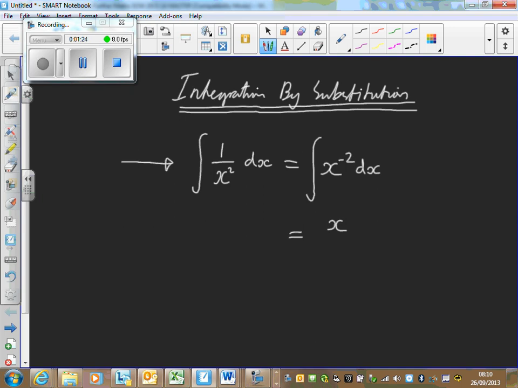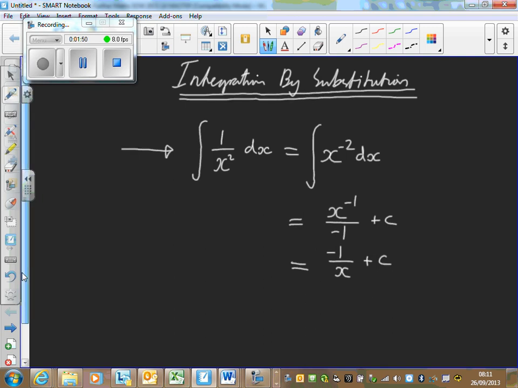So we're adding 1 to minus 2, so we get minus 1. And we divide by the new power, which is minus 1, and we can write plus c. We can write this in a slightly easier way. We don't need that minus 1 at the bottom, and x to the minus 1 is 1 over x, so this would be minus 1 over x plus c. So that's where we got up to in Core 2.